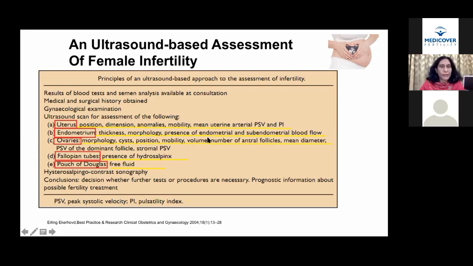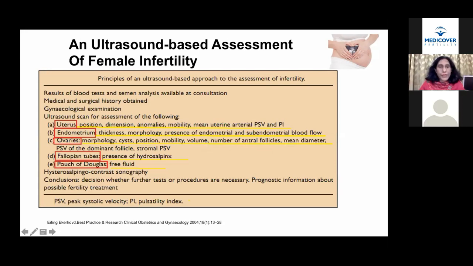We can even look at the blood flow and check the Doppler. Ovaries: how they are looking, whether there is any cyst, position, mobility, and number of antral follicles, which is very important to assess ovarian reserve. And of course, other parameters on the Doppler.